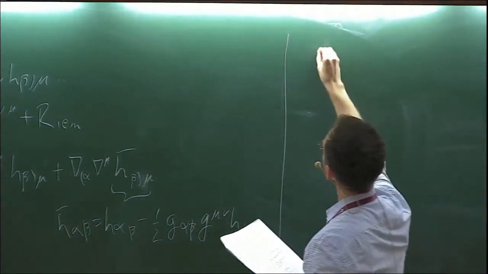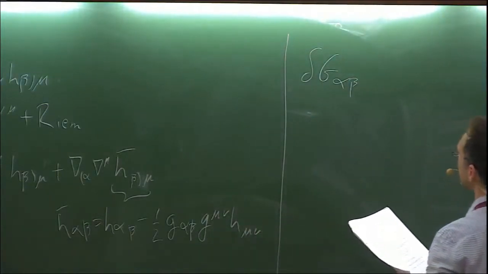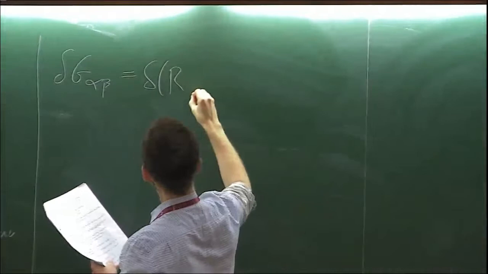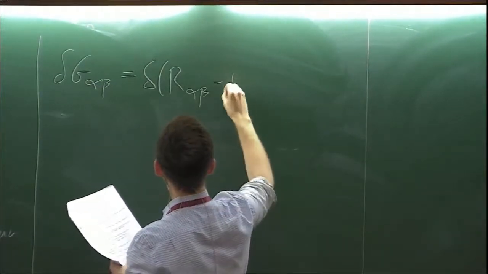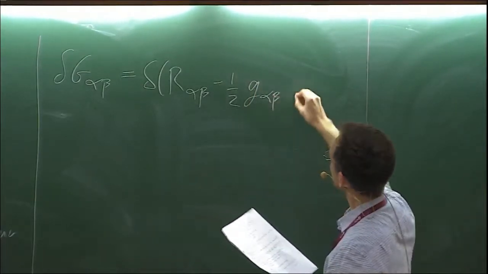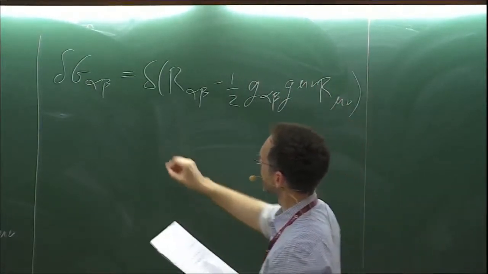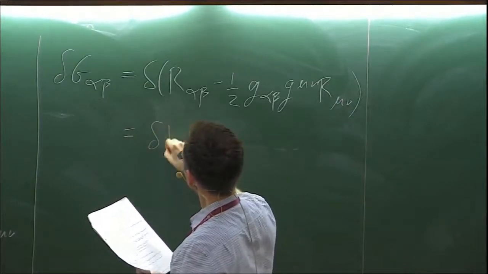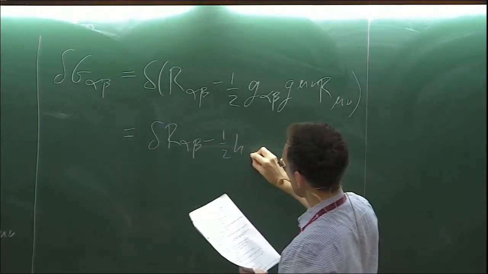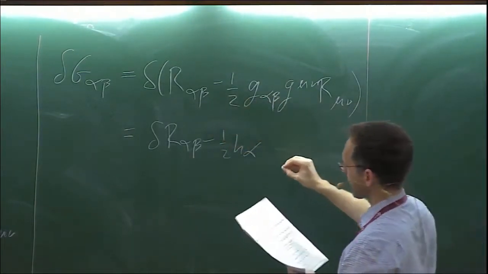So what we want is not the Ricci tensor, but the Einstein tensor. So this is the calculation that was on the exercises yesterday. We want the linear piece of the trace reverse of the Ricci tensor. So here, you get the linearized piece of the Ricci tensor minus the linearized piece of this product, which gives you 3 terms.